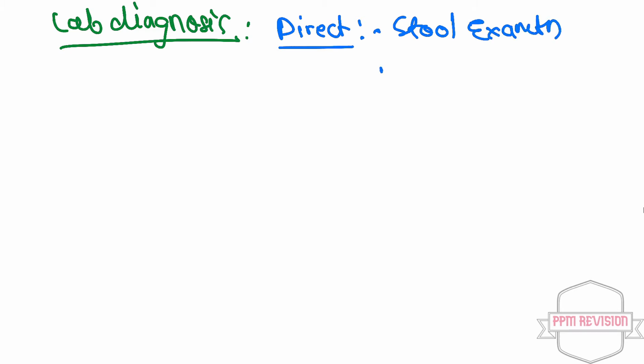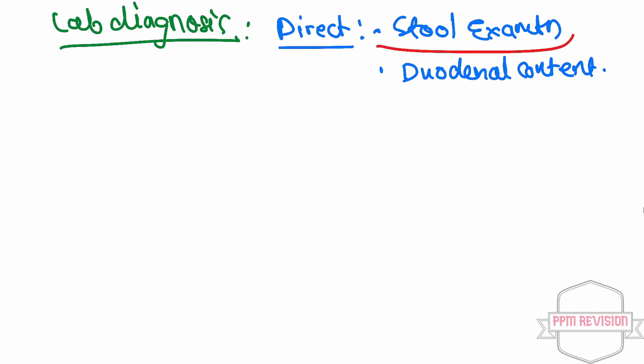The second point is that duodenal contents can also be checked. Under stool examination, going into a bit of detail, it is to check the adult form of the worm.